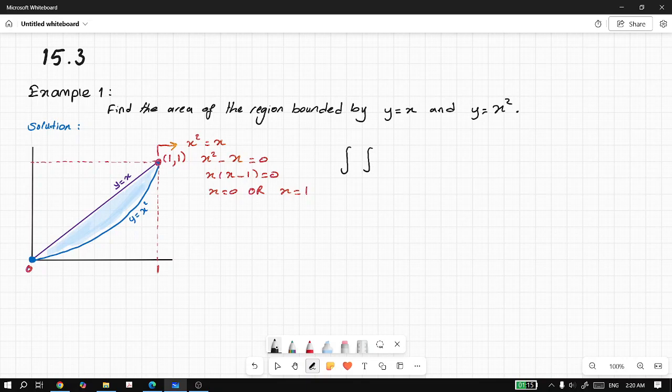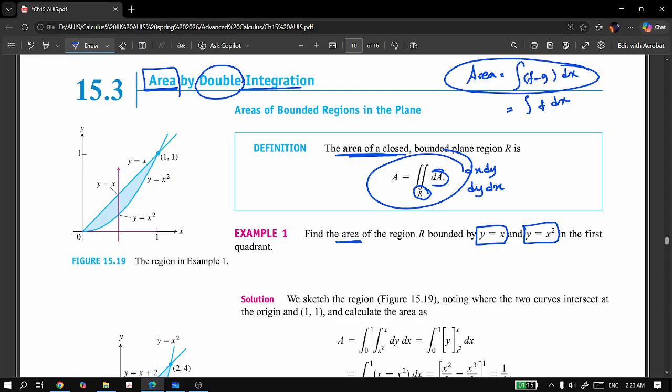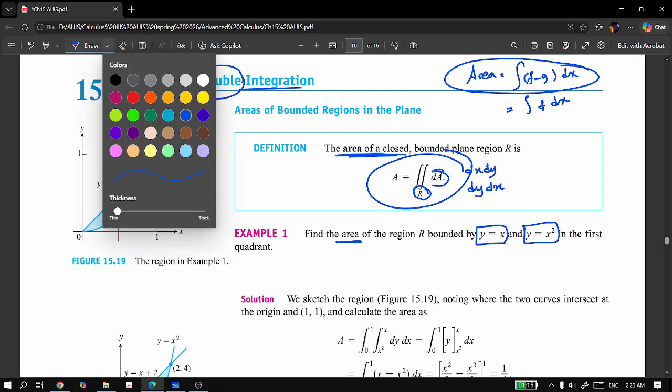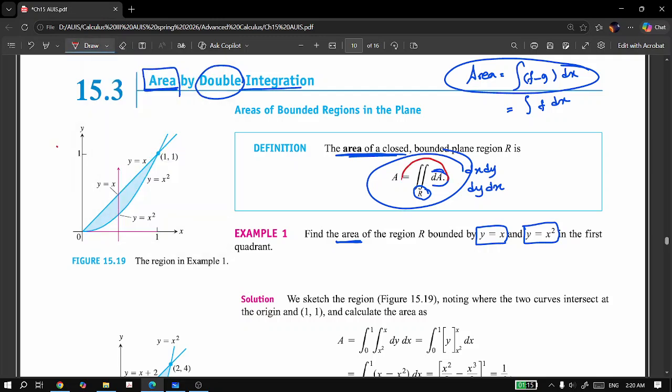But as you see from the rule, there is nothing inside the integration. It's empty, there is only the constant 1, so it is only the double integration with dx dy or dy dx in it.